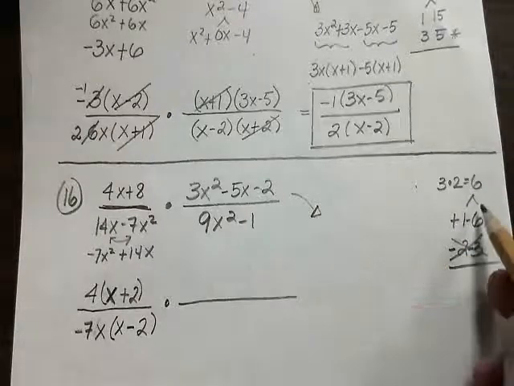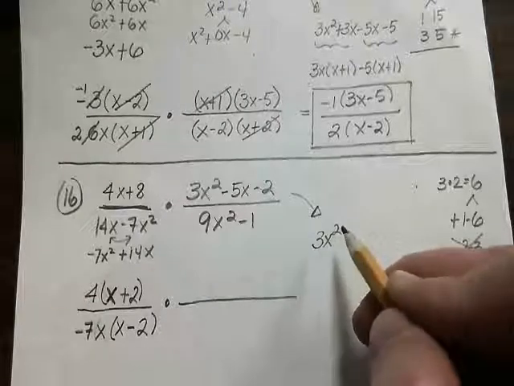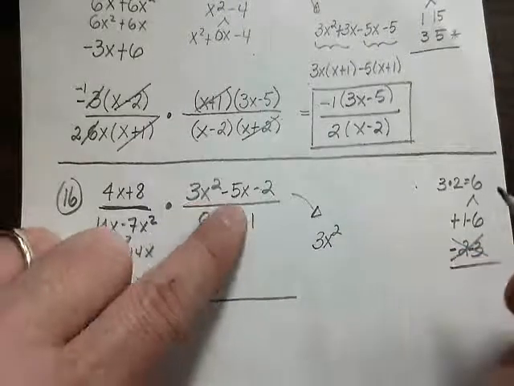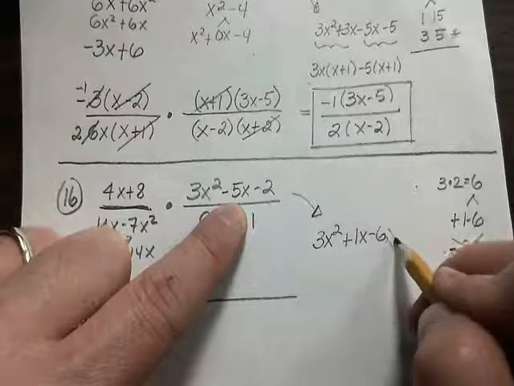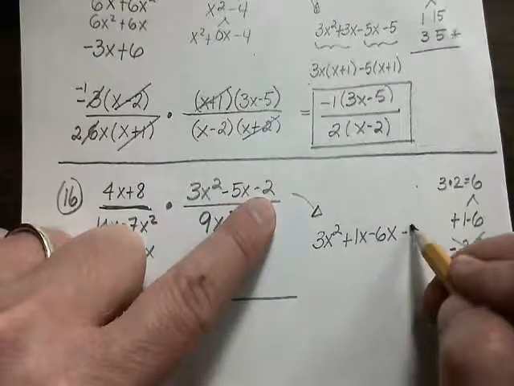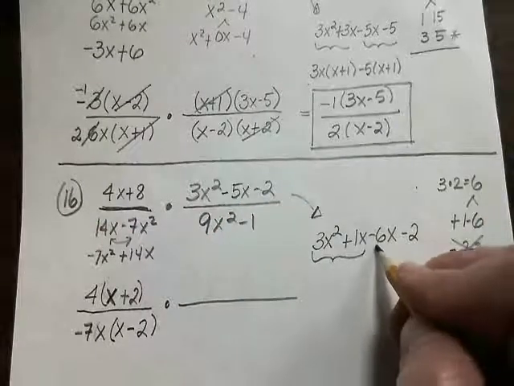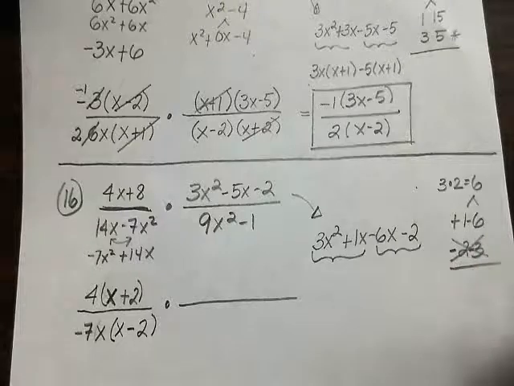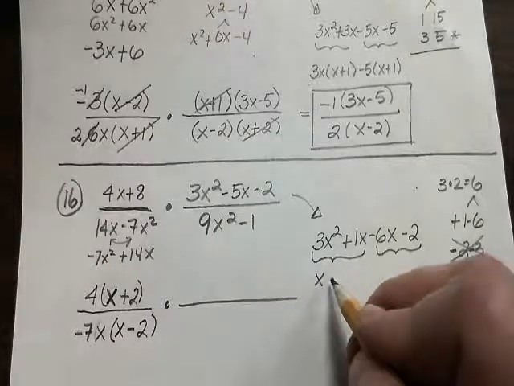So now that I know my numbers, I'm going to use the first number. Instead of writing negative 5, I'm going to write positive 1x minus 6x and copy the last term, which is negative 2. Now I'm going to factor by grouping. So what goes into those two is an x.